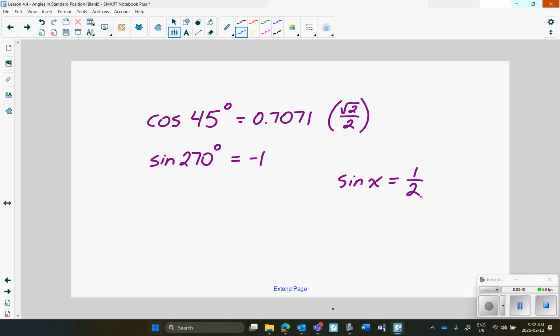Now, another thing. Right now, you guys have done some trig equations where you've been asked to find an angle. How would you find the angle? Sine inverse, right? You take the sine inverse of both sides. And I'm thinking you're going to get 30 degrees when you do that on your calculator.